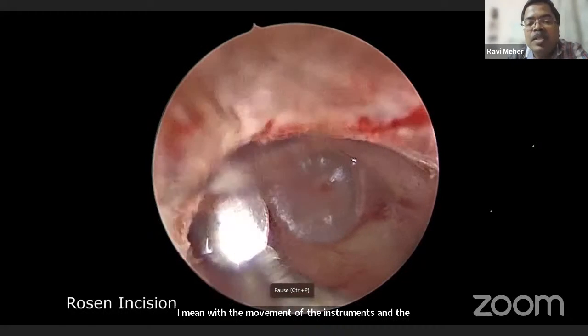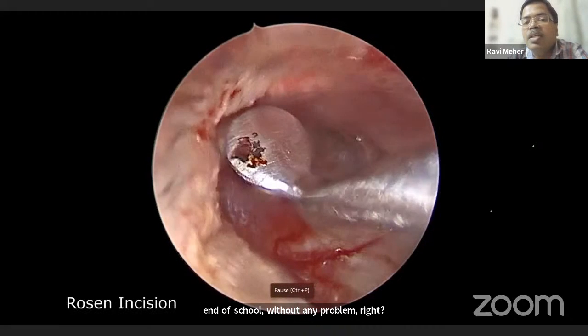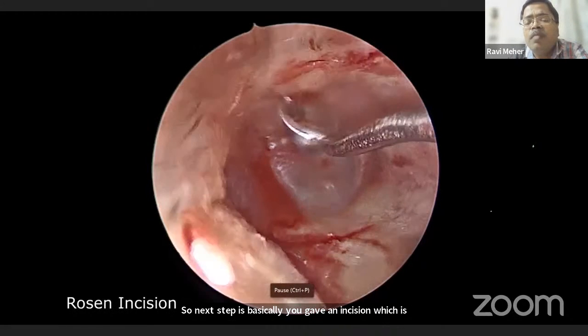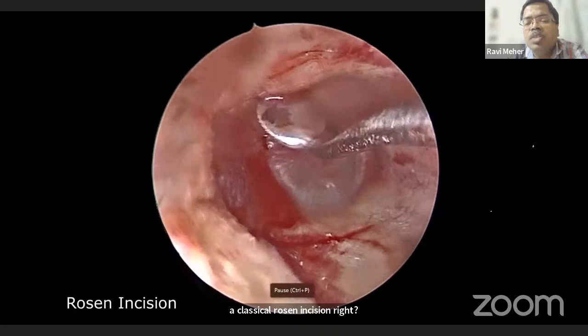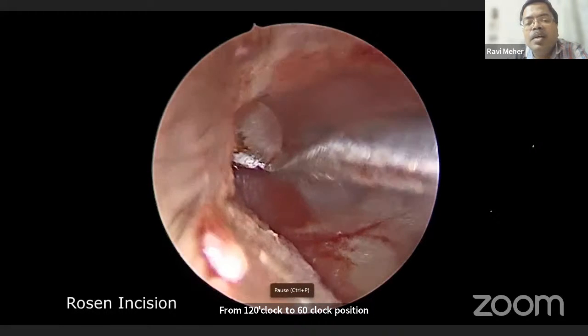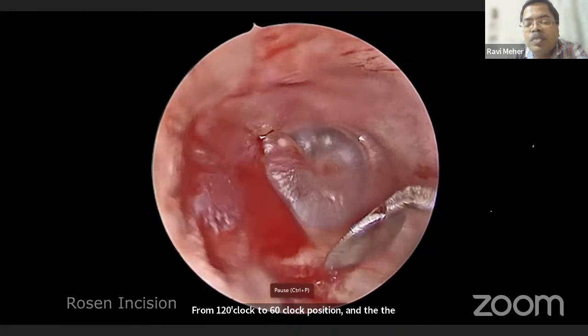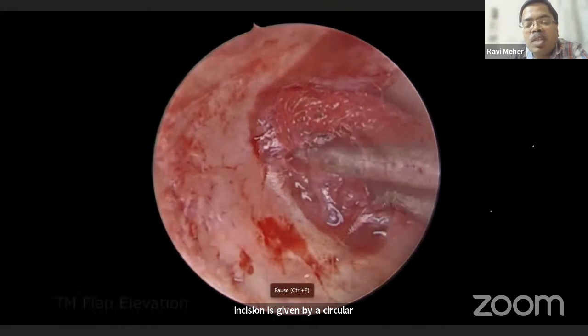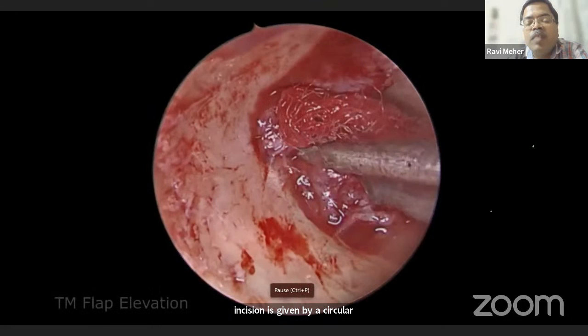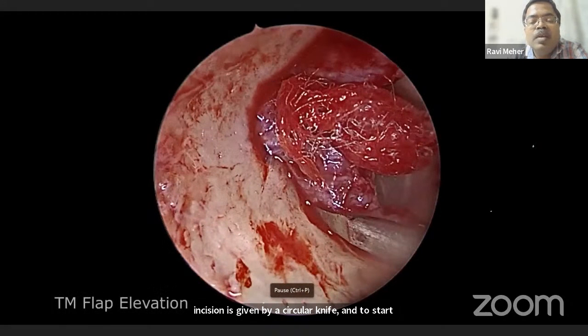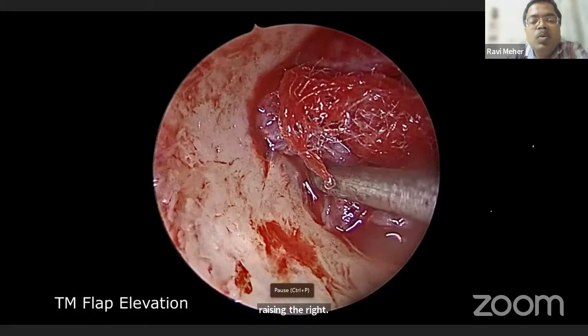So the next step is basically you give an incision, which is a classical Rosen incision, right? From 12 o'clock to 6 o'clock position, and the incision is given by a circular knife, and you start raising the flap, right? Once you reach the annulus, you should use a sharp instrument.